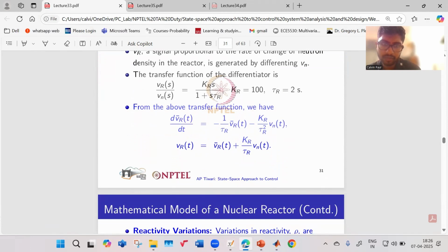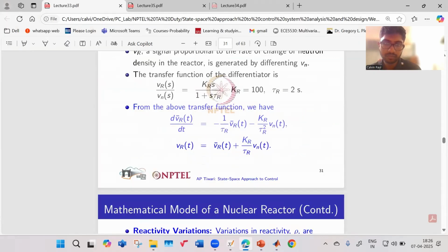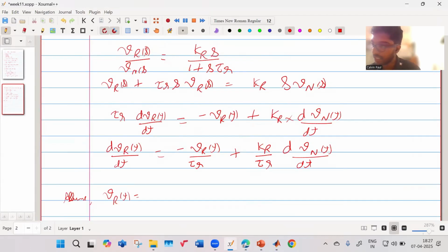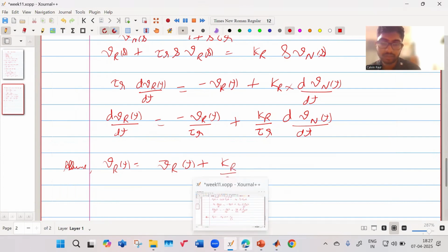We write, assume Vr of t is equal to Vr bar of t plus Kr upon tau r into Vn of t.